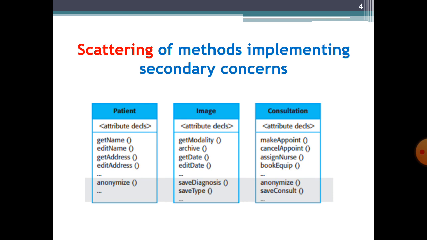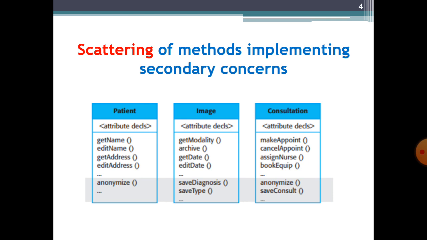This problem of scattering and tangling usually occurs when the initial system requirements are changed. In this diagram, the gray shaded area tells us about the methods which are required to implement the secondary statistics concern. So you can see that this statistics concern is scattered through the core concerns.